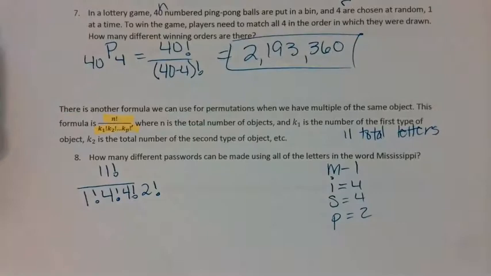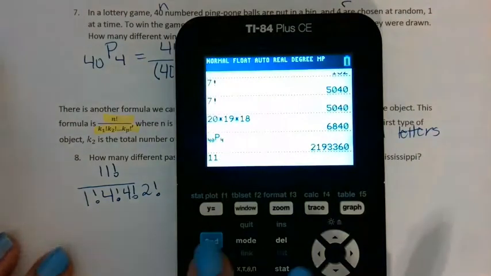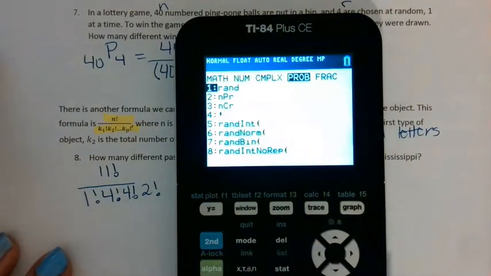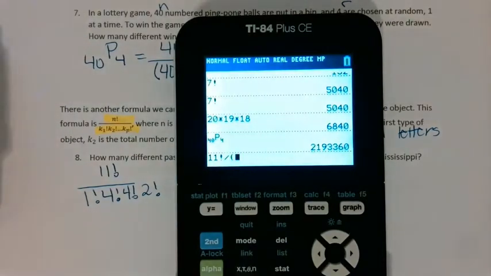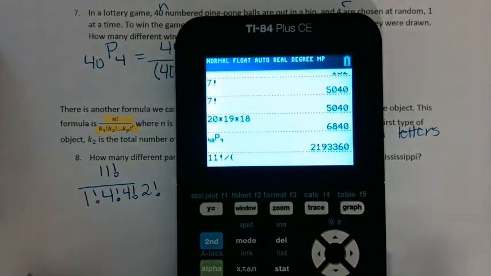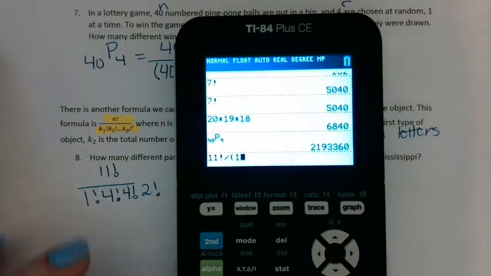Then I type this into the calculator. Math, probability. When I do my denominator, I want to make sure I do it in parentheses, because if I don't, the calculator will read it as multiplying in the wrong spot, so I want to be careful.